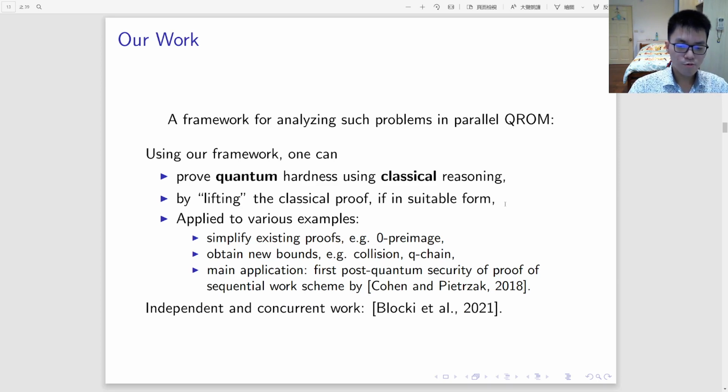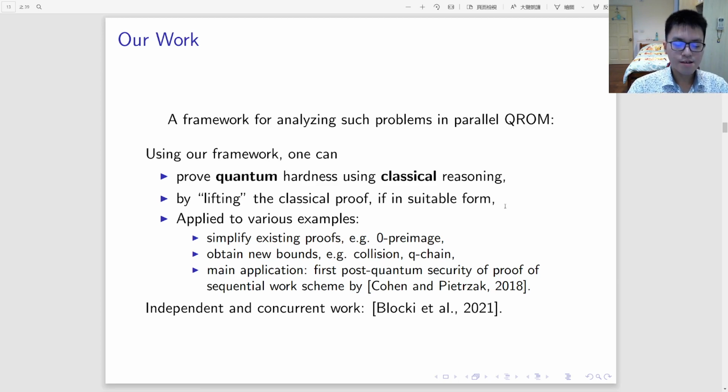Independent and concurrent to our work, Blocki et al. also managed to show the post-quantum security of the PoSW scheme. Remark that there are several differences. First of all, their proof is rather tailored to the specific PoSW scheme, whereas our proof is more generally applicable to more problems.